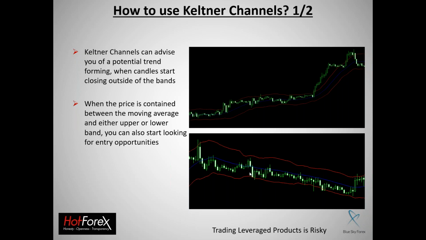On the image here we have the trend going downwards. So the price is bouncing between the center moving average and the bottom Keltner channel. What you can do in this scenario is wait until the price retraces back to the center moving average.